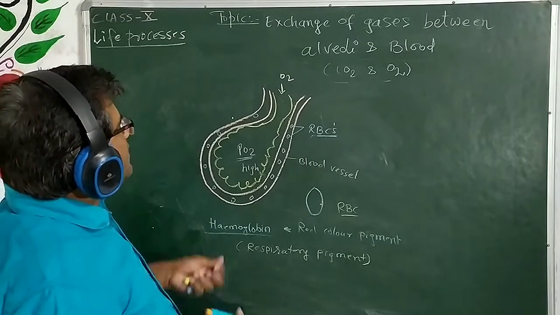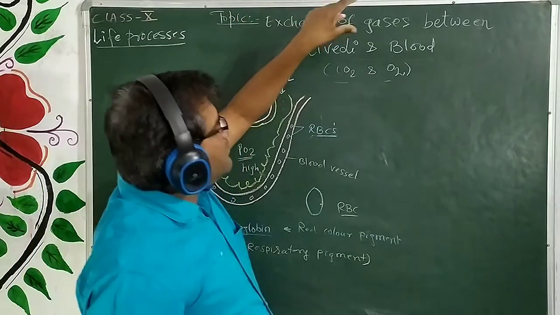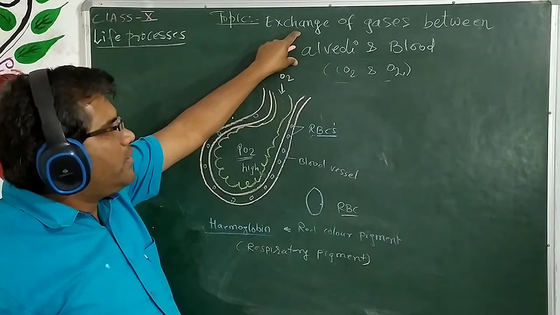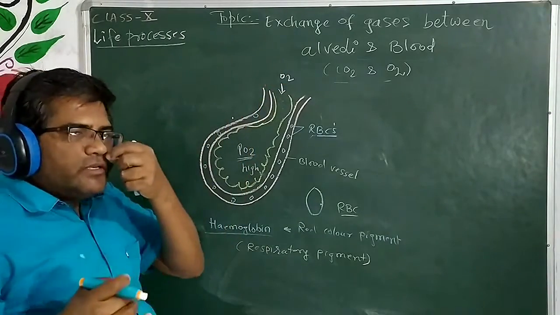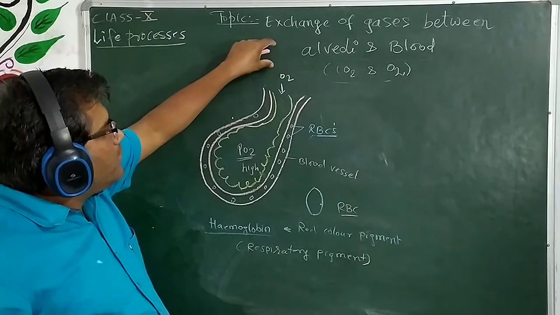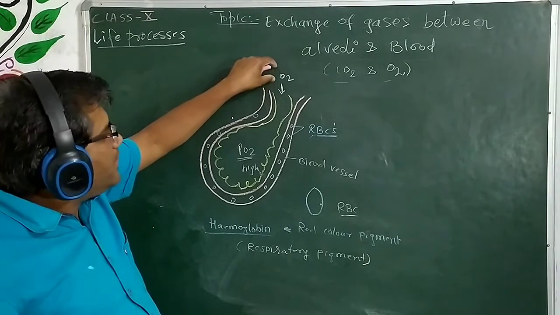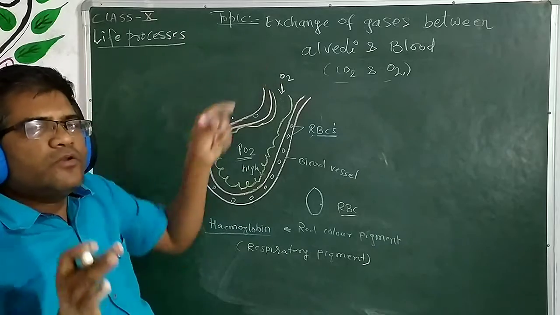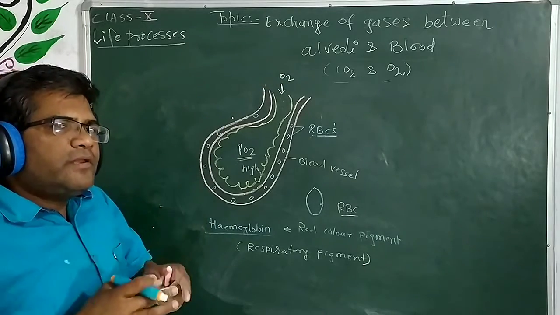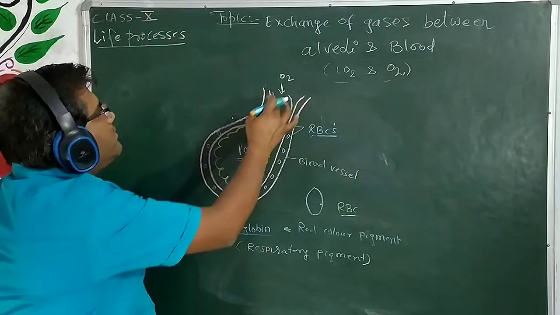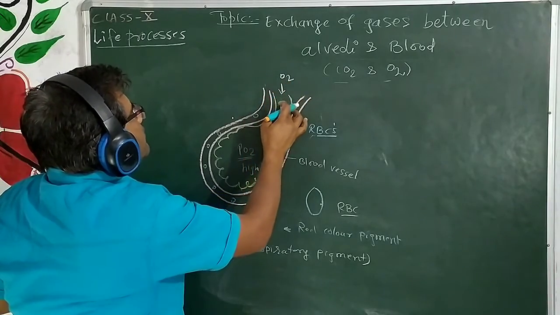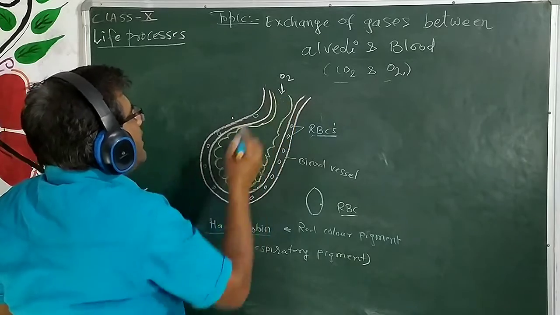So we should understand how the exchange of gases takes place between the alveoli and the blood. Oxygen comes from the nostrils, goes to the nasal chamber, then the pharynx, then the trachea. After the trachea it comes to the bronchus, then the bronchioles, primary and secondary, and then comes into the alveoli.